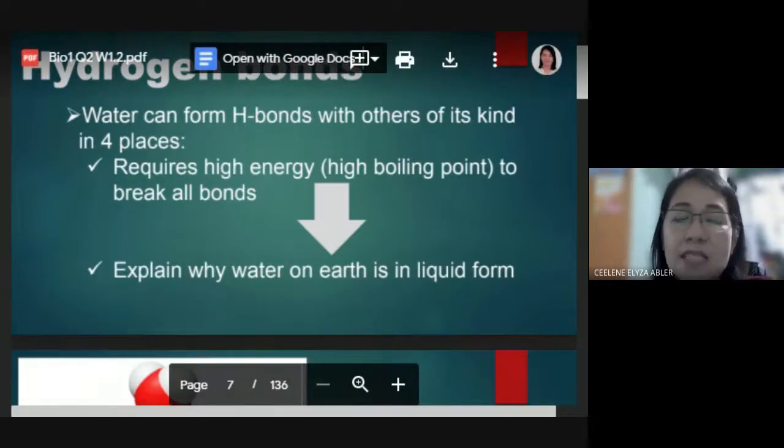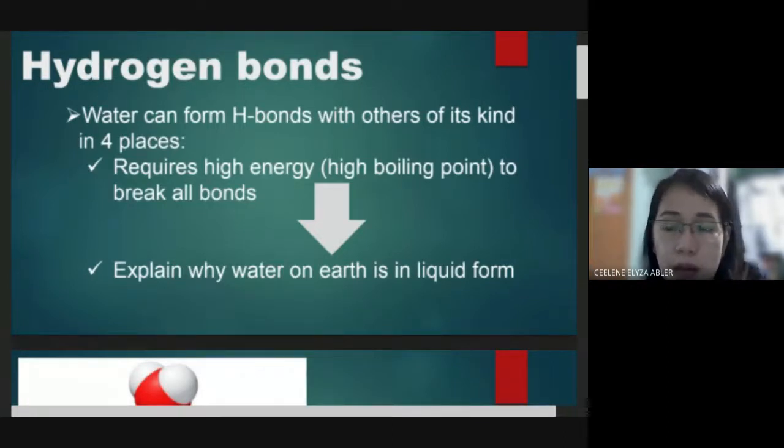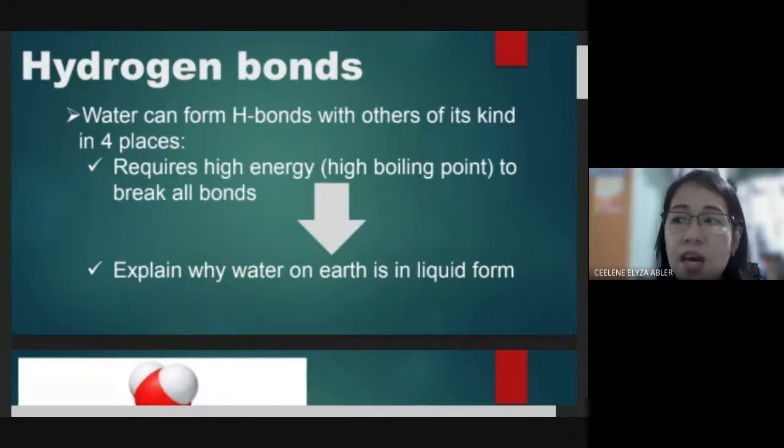So, and it's also very important for water to actually have a higher na energy. Magre-require siya ng higher na boiling point kasi that's why water can exist as a liquid form. Especially in our body kung 40 degrees nagkalintura ka and you have 40 degrees na temperature.